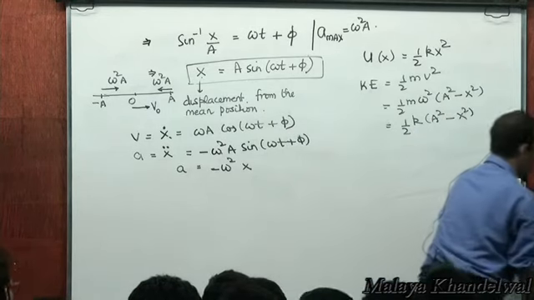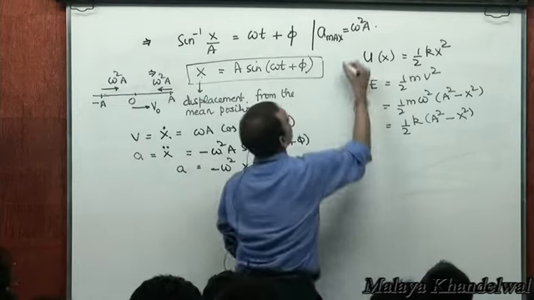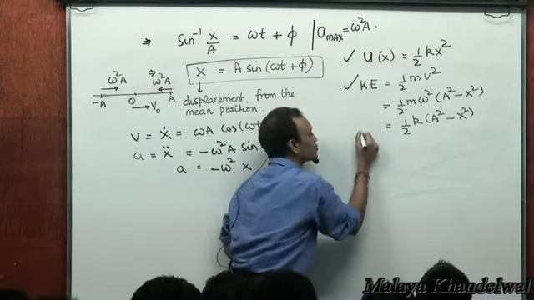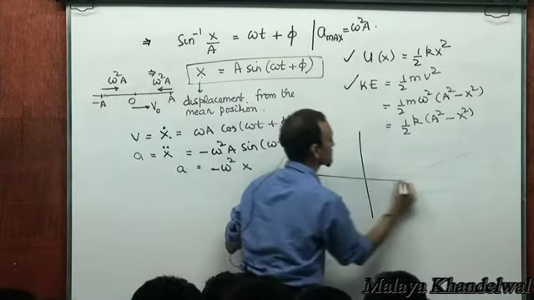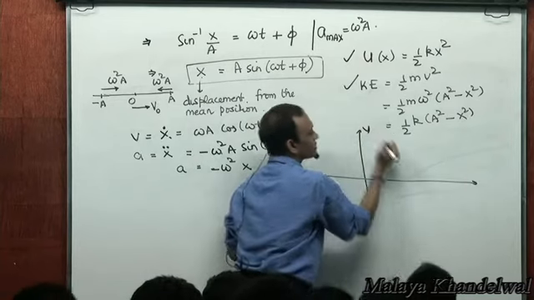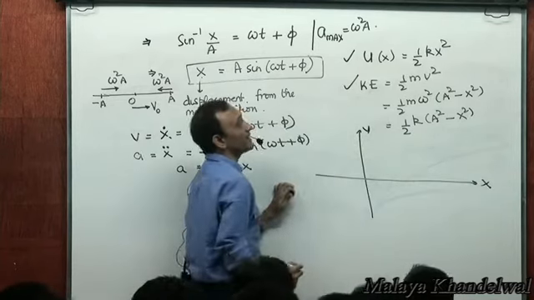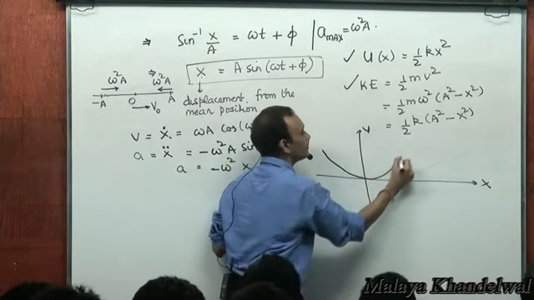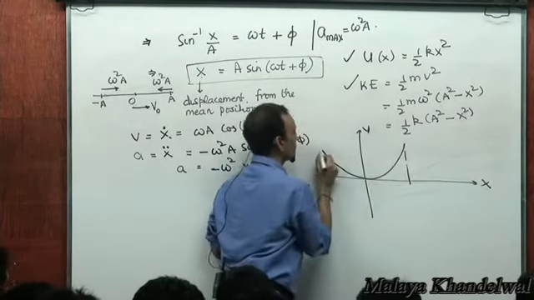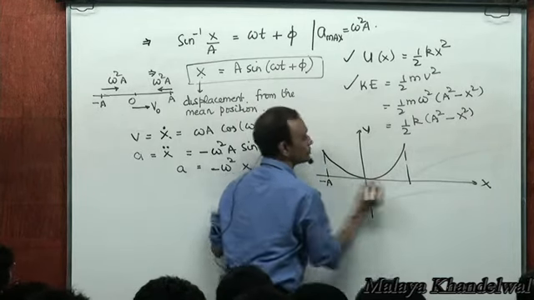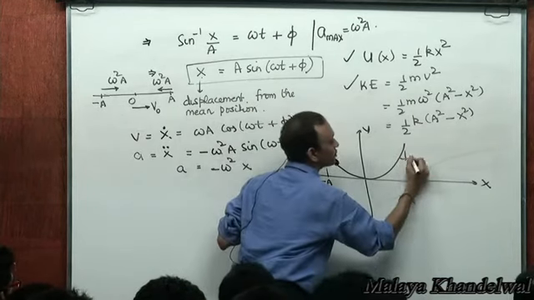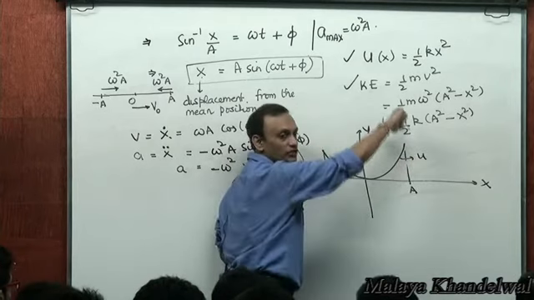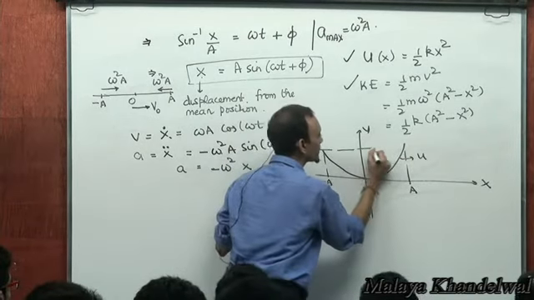Once we learn parabola, we'll be able to feel more convinced about the plot of u versus x. Say in the y direction, I could have plotted u as well as kinetic energy. Potential energy varies this way. Between minus a to plus a, it's going to be parabolic. That's the variation of potential energy with x.